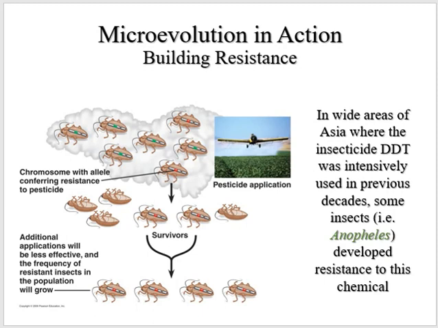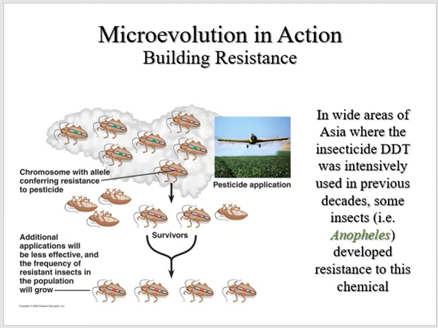And that was an insecticide that was used intensively in these agricultural areas. And because of natural selection, because of random variation in these populations, there were some individuals that were resistant or could survive that exposure to that insecticide or pesticide.